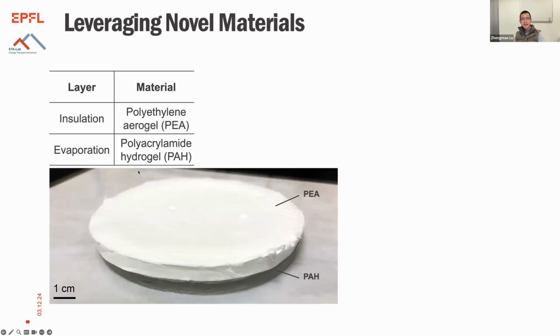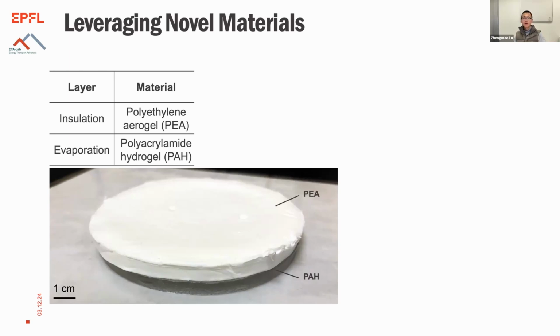And for the evaporation and insulation layer, for the compactness of the lab test, we have used hydrogel for the evaporation layer. So indeed, it can be any hydrogel with high water capacity. So we chose the polyacrylonitrile hydrogel. And for the insulation layer, we ended up synthesizing this polyethylene aerogel, which has a pretty low thermal conductivity, approximately the same value as static air.